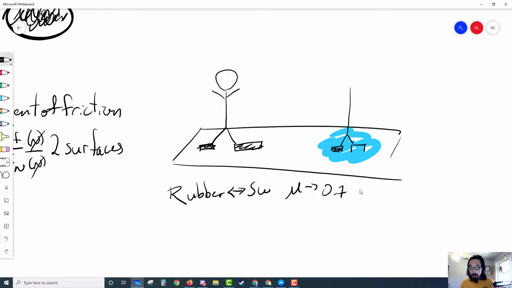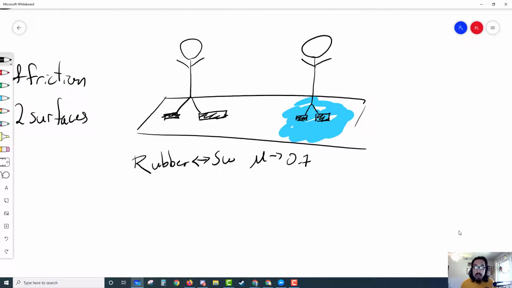I'm not careful when I'm walking on this ice patch. I'm dangerous. I'm just going to walk on this ice patch and I don't care what happens to me. The moment I step on the ice patch, my mu has changed. My coefficient of friction has changed. So instead of rubber on sidewalk, it is now rubber on ice.